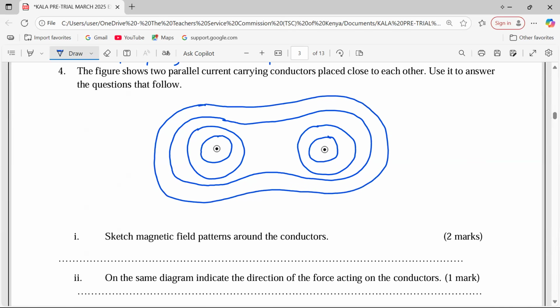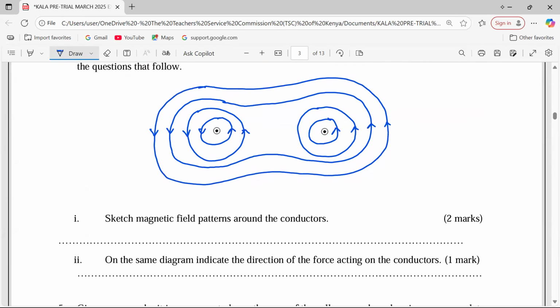So we will have them now moving in this kind of direction. This is now the direction that you'll be having that way. So that's how they will move. That is how they are expected to move. Yeah, that's how the field is going to be moving.